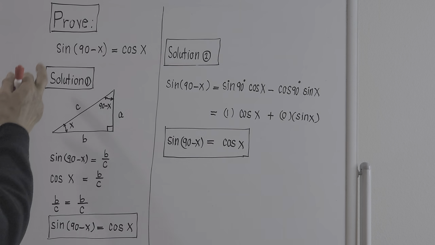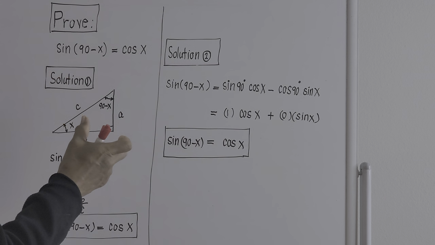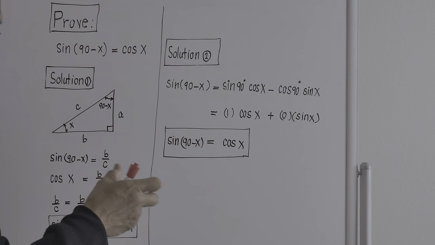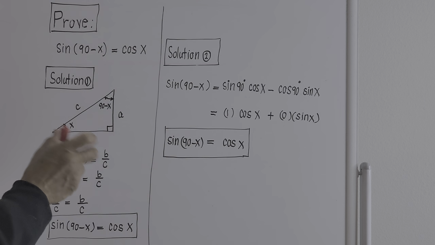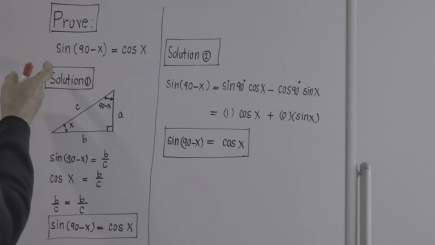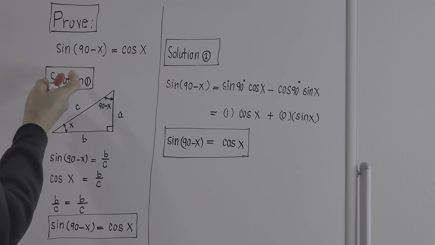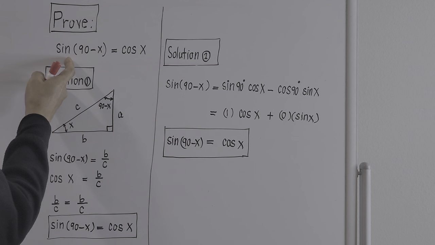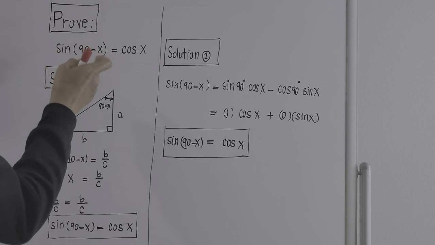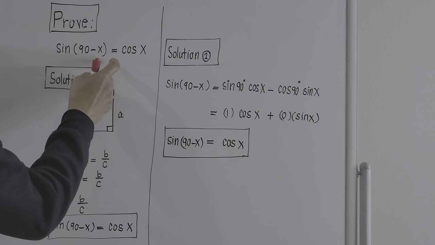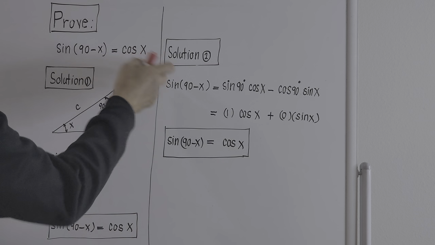The problem is: prove that the sine of the quantity 90 degrees minus x is equal to cosine of x.